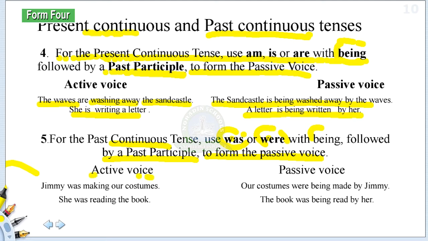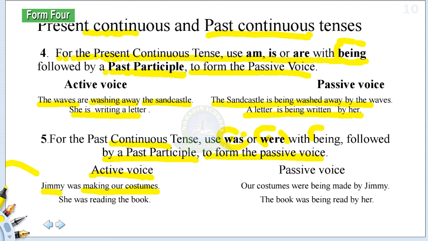Look at the example. Jimmy was making our costumes. This is an active voice because Jimmy is the subject, making is a verb, and our costumes is an object. So how are we going to change into passive voice? Our costumes were, because costumes is plural.